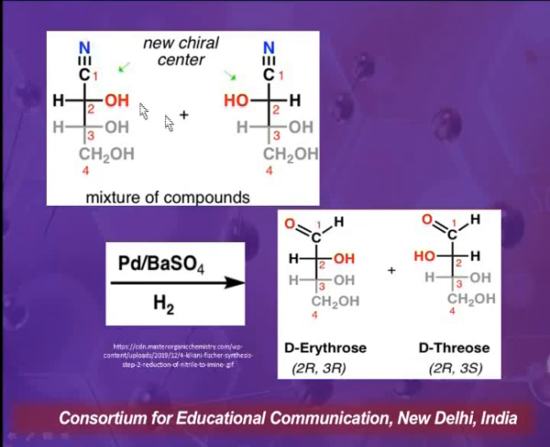When we carry out this reduction, the cyano group is reduced to an aldehyde group, and we get two stereoisomers. One of them is D-erythrose and the other is D-threose.